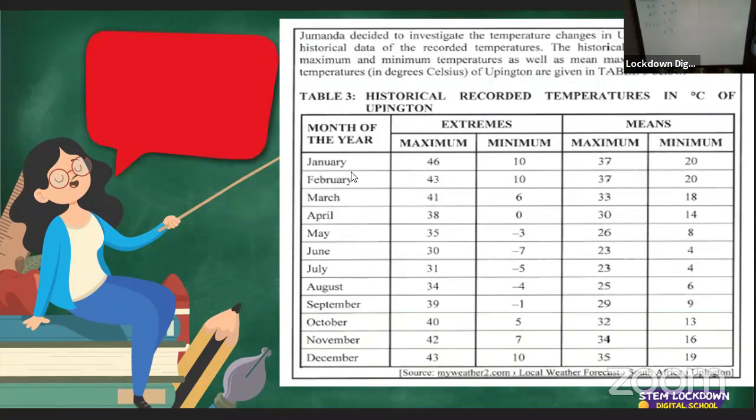Here we have the month of the year, then the extremes, the extreme maximum and the extreme minimum, and the mean maximum and the mean minimum.